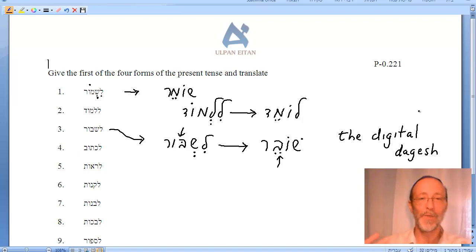And when I hear my students making the mistake, for example, of saying lishbor, shober, I immediately catch them and say, yeah, that's right, if you forgot the verb to break. Because I'm alerting their memory to the idea that the verb to break is our, or it's mine, you can pick another one, there'll be other examples along the way. It's my paradigm for the idea of the digital dagesh.